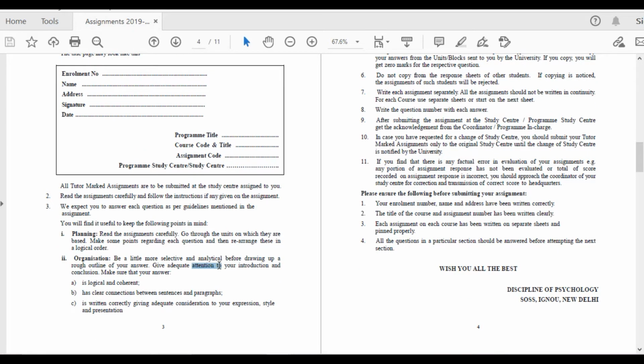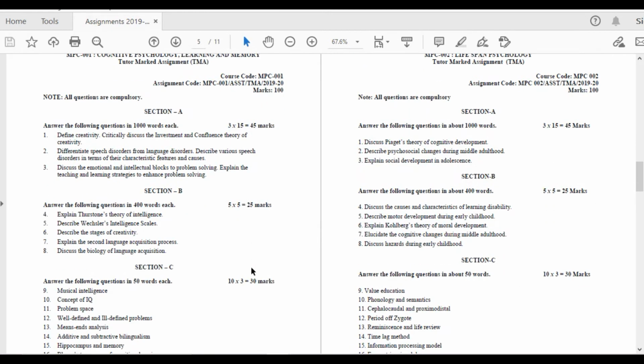Then organization. It's in an order that any answer has, first, at least a few lines of introduction: what the question is about and where it originates from. So if we are talking about this question, define creativity, you can write down about creativity, who researched on this creativity, in which year it had actually come to the front, that okay, there is a concept called creativity.